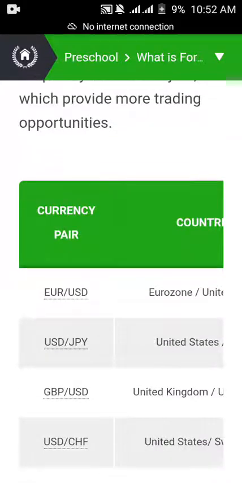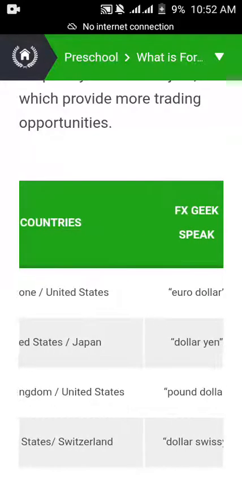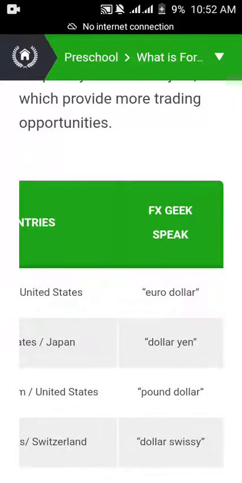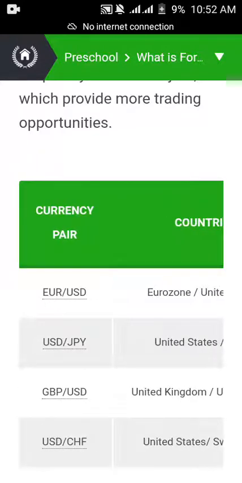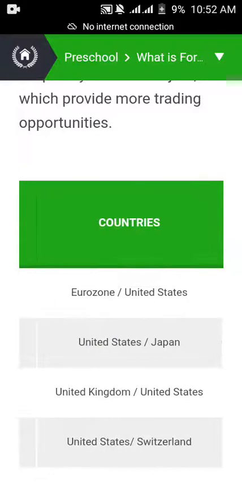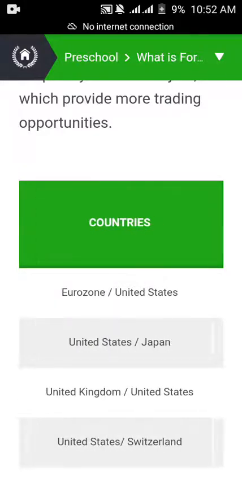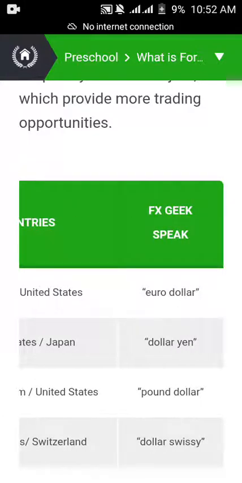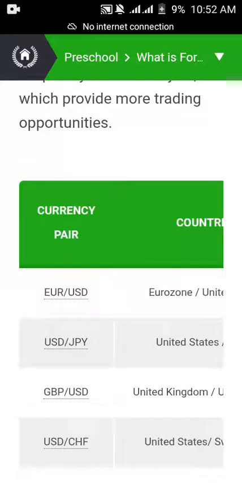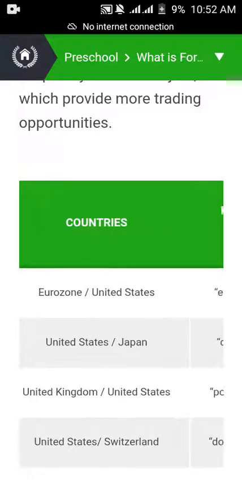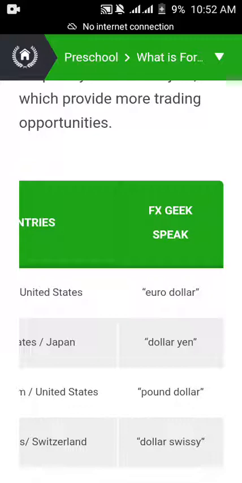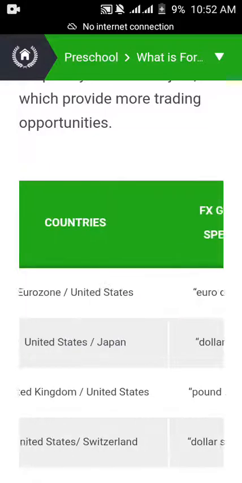From the table below we have the currency pairs, the countries, and the forex lingo. We have the euro and the USD, and the countries are the Eurozone and the United States. The forex lingo is euro dollar. Then for USD/Japanese yen, we have United States and Japan, and the lingo is dollar yen.